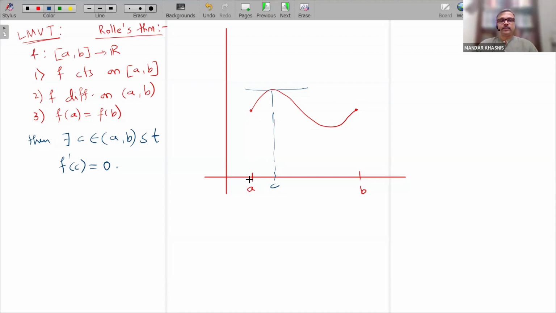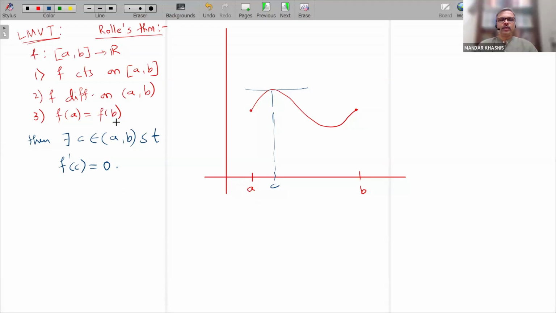How will the graph be then? If f dash of C is equal to 0 and C is equal to A or B, then it implies that it will have a point of local maxima or local minima at A or B. But when we look in the neighborhood of point A, when C is A, it can't be either local maxima or local minima.